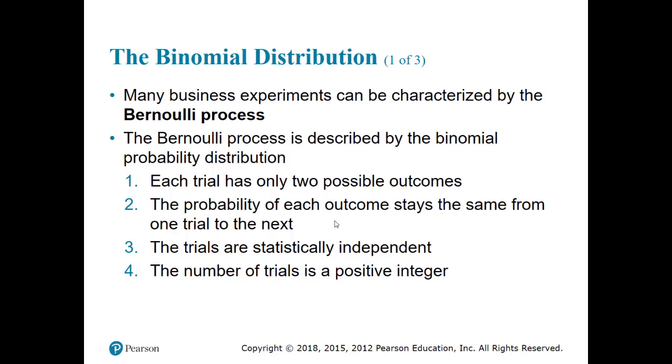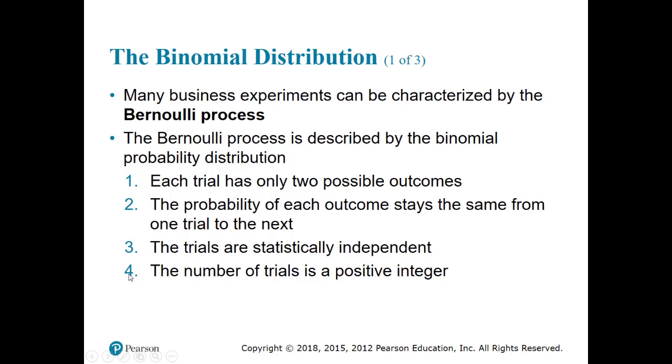So the probability staying the same from one trial to the next is a requirement, and 2 and 3 are the same thing. If the probabilities are the same trial after trial, then the trials are said to be statistically independent.